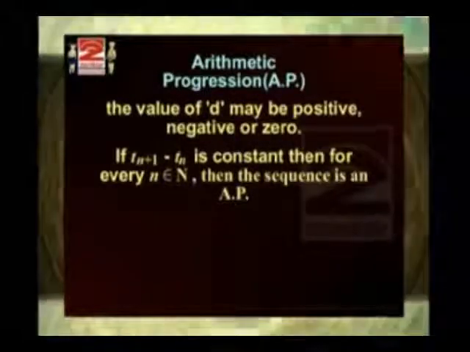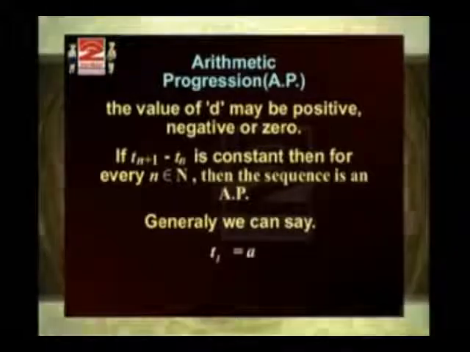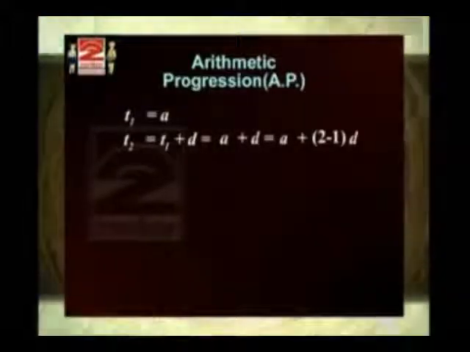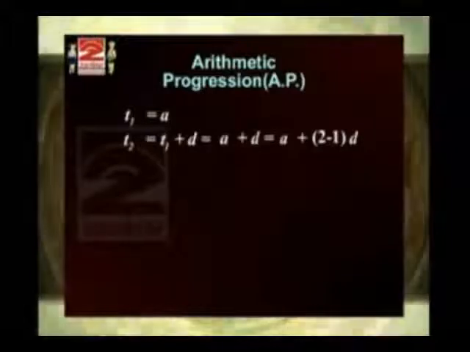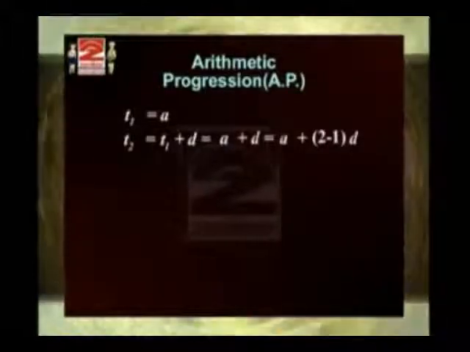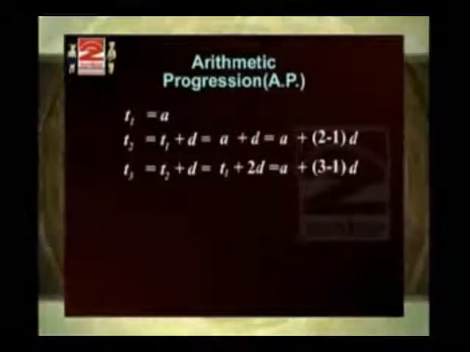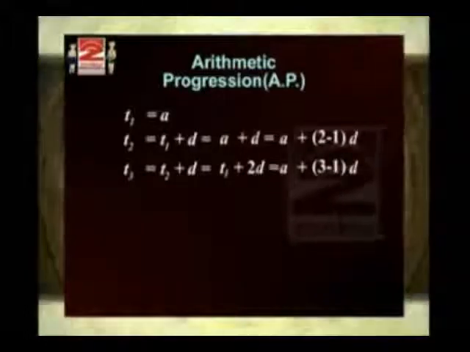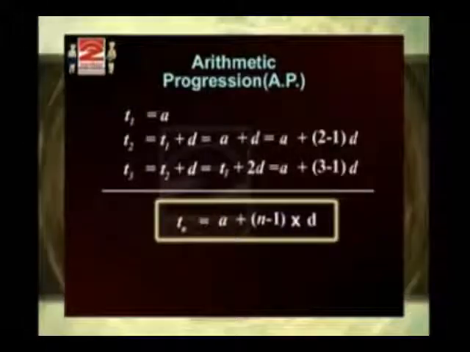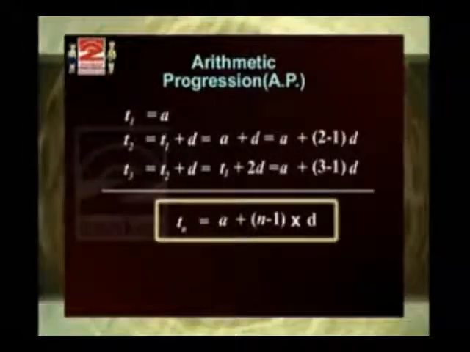Now if you want to represent AP, then generally we can say that T1 is equal to A. So T2 is equal to T1 plus D, where D is the common difference, that is equal to A plus D, that is equal to A plus 2 minus 1 D. If T3 is taken, T3 is equal to T2 plus D, that means T1 plus 2D, that means A plus 3 minus 1 into D. So, in general we can say Tn is equal to A plus n minus 1 into D.